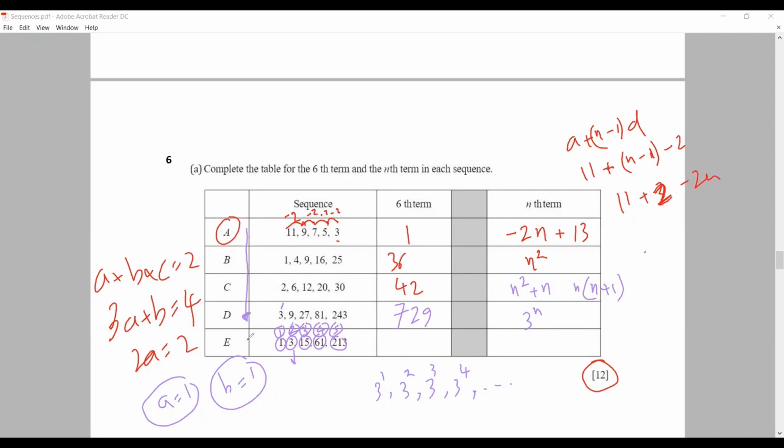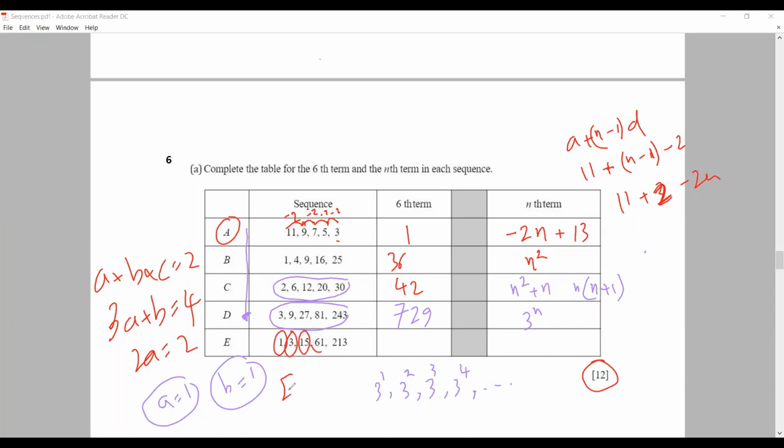So if you look at D and C, I'm going to erase this now. The terms of sequence E can be obtained by subtracting the terms of sequence C from the terms of sequence D. That means 3 minus 2 gives us 1, 9 minus 6 gives us 3, 27 minus 12 gives us 15, and so on.